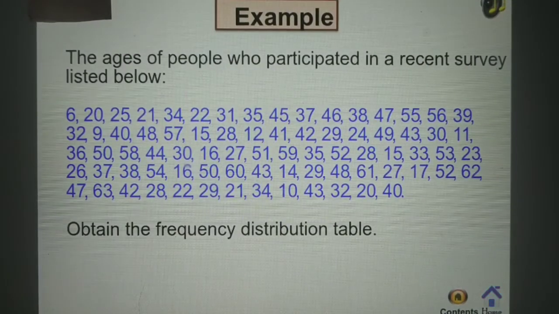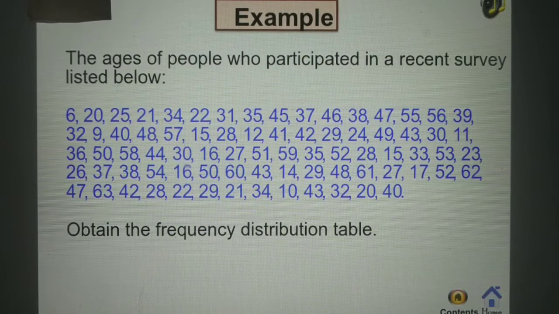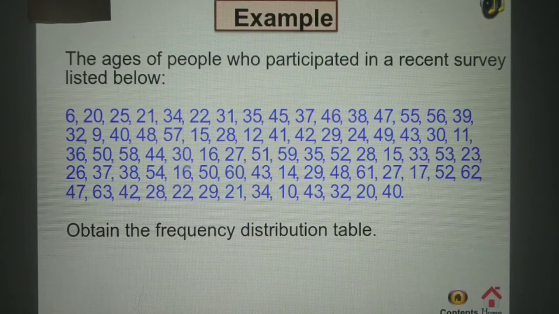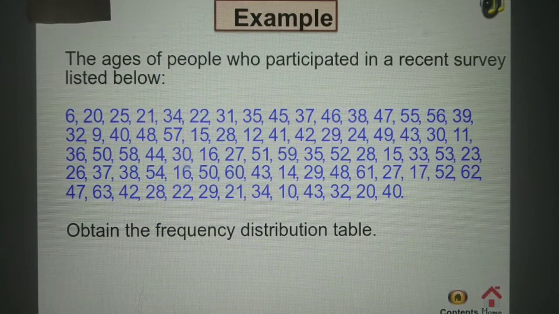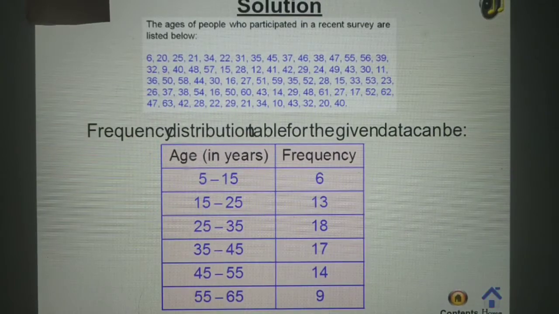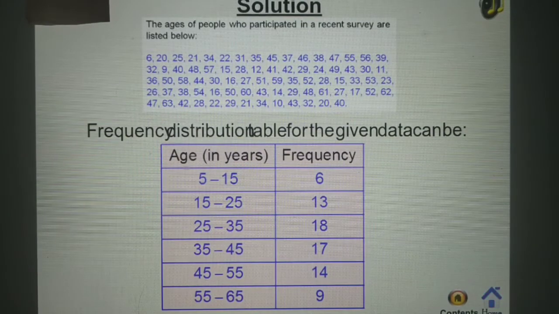Let us work out an example. The ages of people who participated in a recent survey are listed below. Obtain the frequency distribution table. Solution. We can obtain the frequency distribution table for the given data as shown.